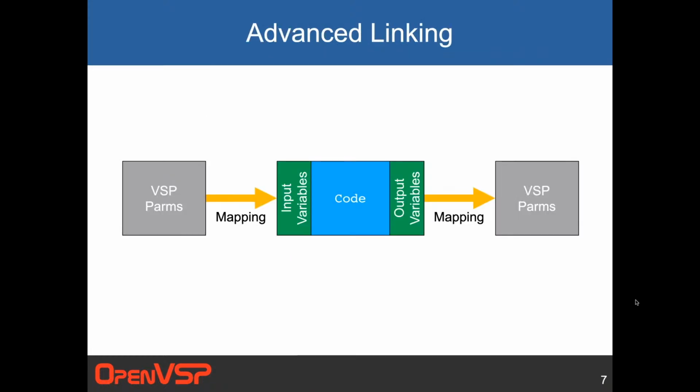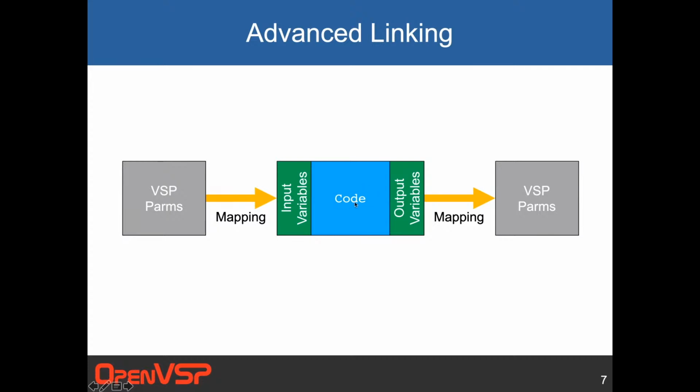The way that works is you get to pick any VSP parms you want as input parms, and those will have their own identifier that VSP uses. So first we map them to an input variable. You give them labels. Instead of wing aspect ratio, which is a very long name, you might just call it AR to give it a simple name that you're going to use in code. So first there's a mapping between the parms and the variable names you want.